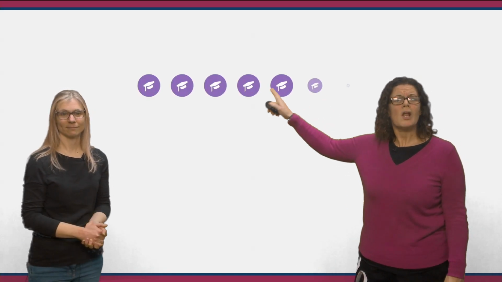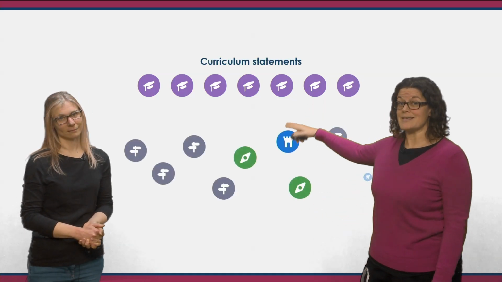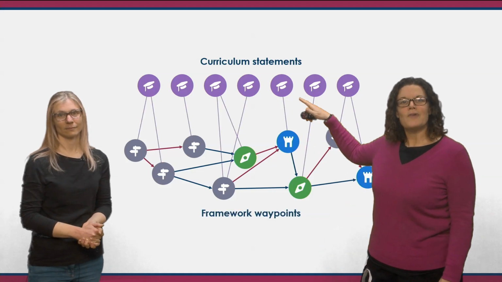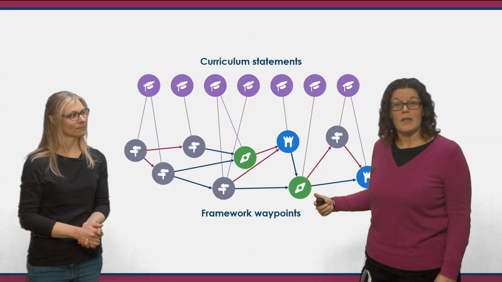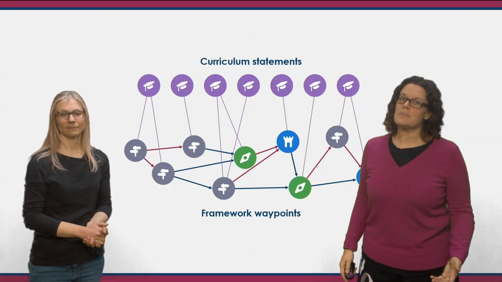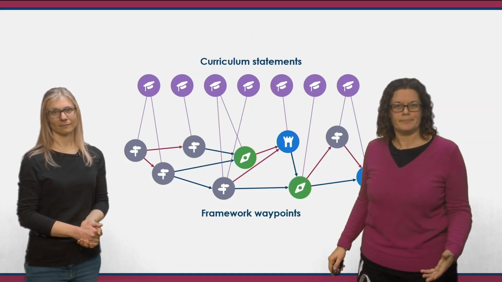Another representation you'll see as part of this process is where we map the curriculum to the Cambridge Mathematics Framework. The elements of the curriculum are shown here, as well as those ideas and experiences we talked about that exist in the framework. And these connections represent the closest match between the mathematical ideas expressed here and here.